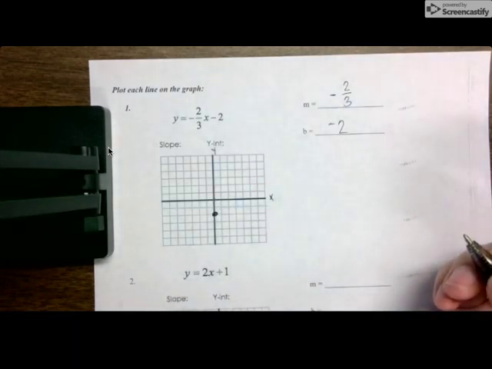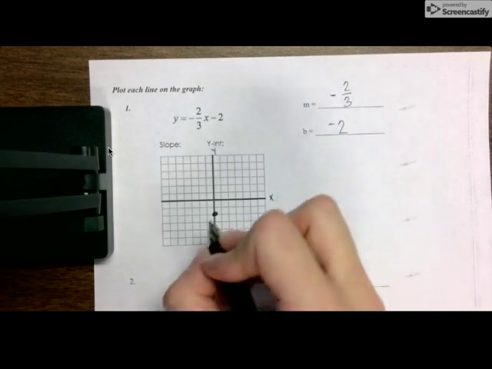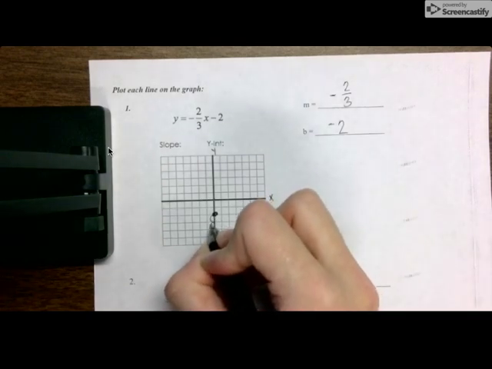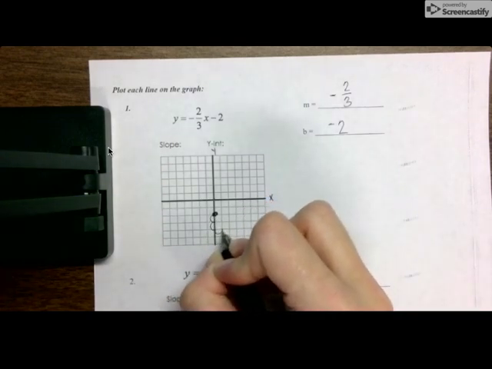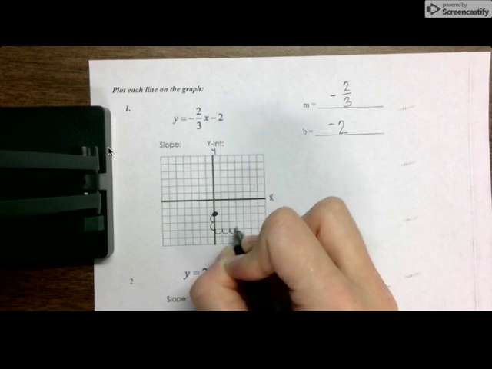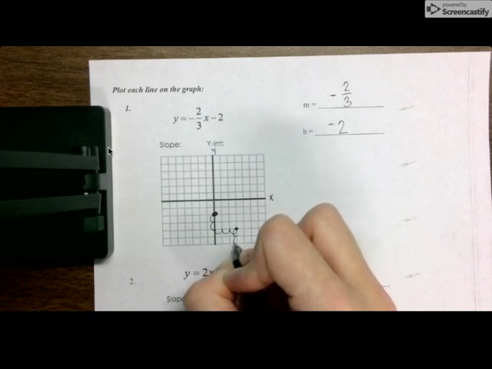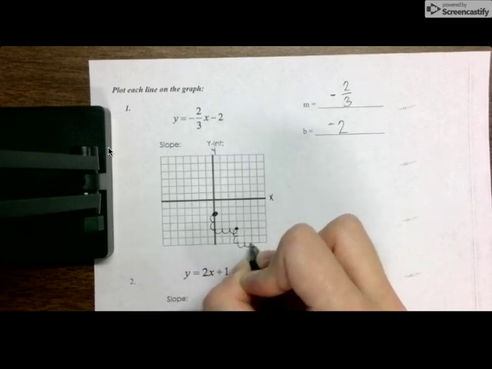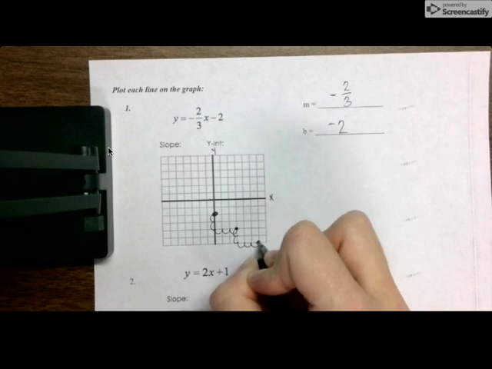And your slope is -2/3, so we are going to go down 1, 2, over 1, 2, 3. Down 1, 2, over 1, 2, 3.